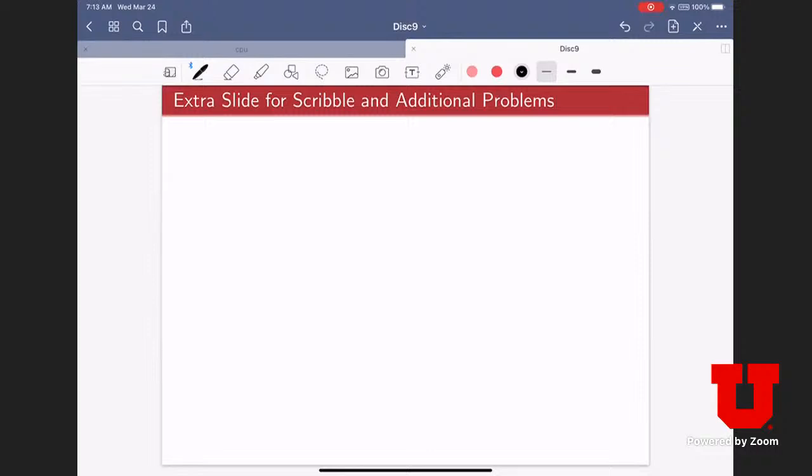The next one is another one to prove or provide a counterexample. So we have R equals (a, b) where a is not equal to b.